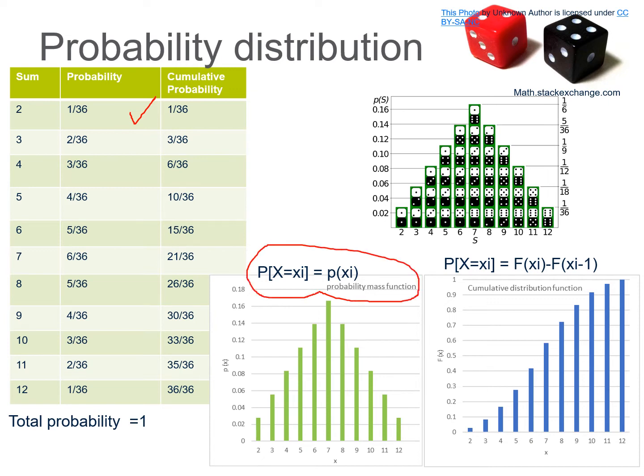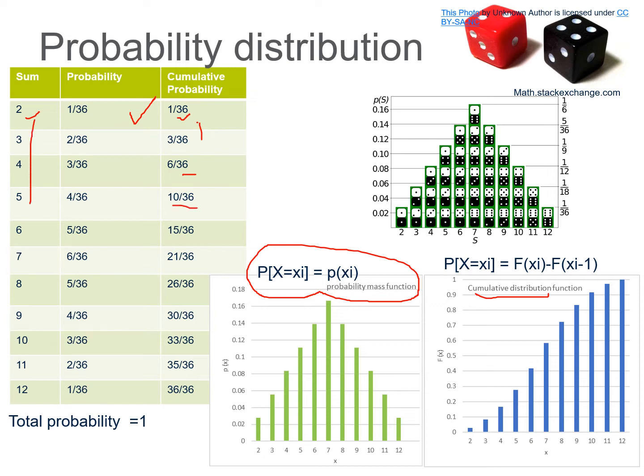Okay, and if you sum the probabilities and add them up, we get the cumulative probability. That means getting 2 is 1 over 36, getting 2 and 3 is 3 over 36, getting 2, 3 and 4 is 6 over 36, getting 2, 3, 4, 5 is 10 over 36.